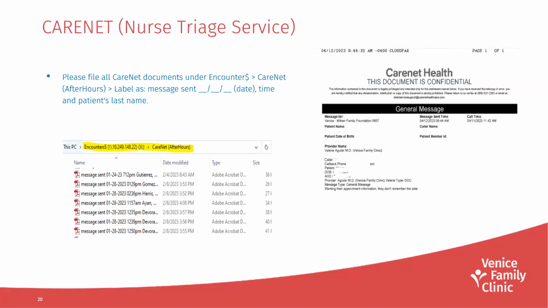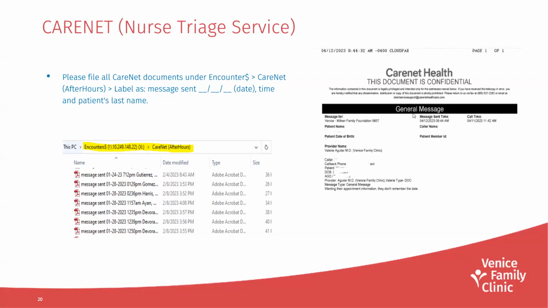CareNet, we've recently been receiving CareNet faxes. This is our nurse triage service. For this one, you're going to save it as a PDF and file it under encounters, and then the CareNet after hours folder. You're going to label it as message sent, then the date it was sent, the time, and the patient's last name.